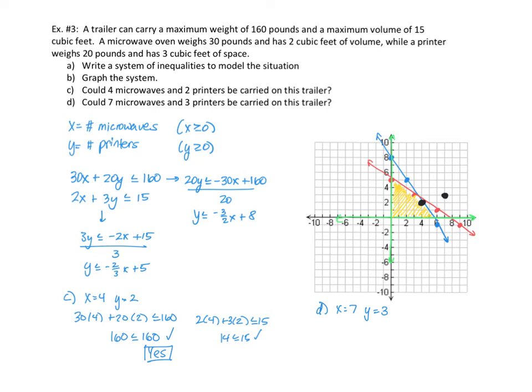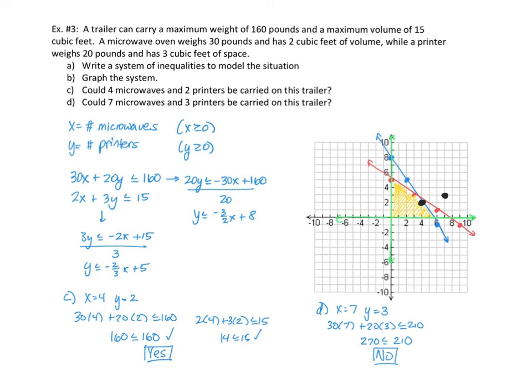If we go to plug it in, so 30 times 7 plus 20 times 3, we have 210 plus 60, and so we have 270 is less than or equal to 160, which is a false statement. So we don't even need to check it in the second inequality because it failed on the first. It doesn't matter whether or not it works for the second.